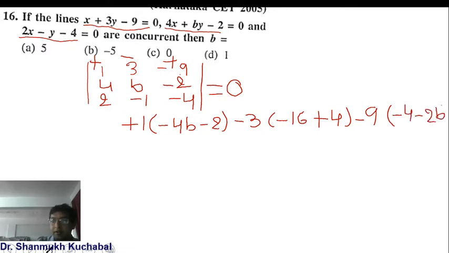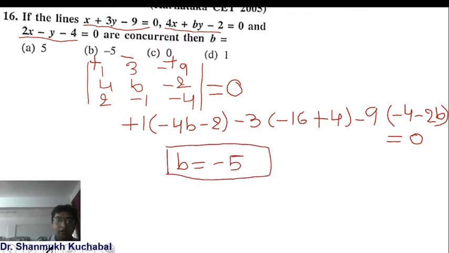This is equated to 0, and this is the equation we are getting, and we have to simplify it. On simplification we get the value of b as -5. So the correct option is b equals -5. Like this we have to calculate the value of b.